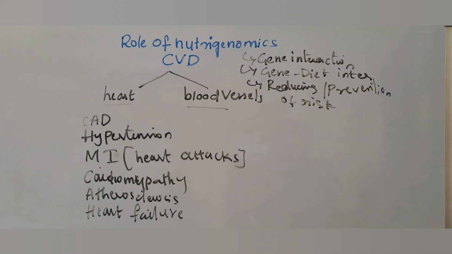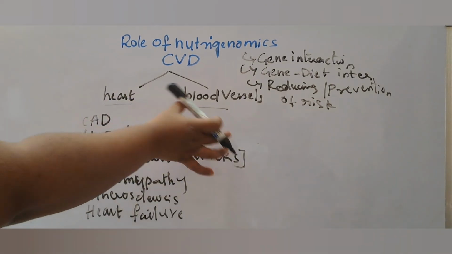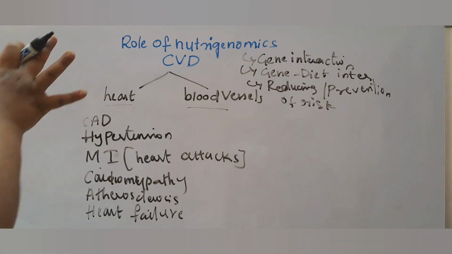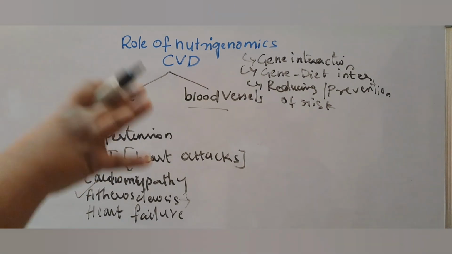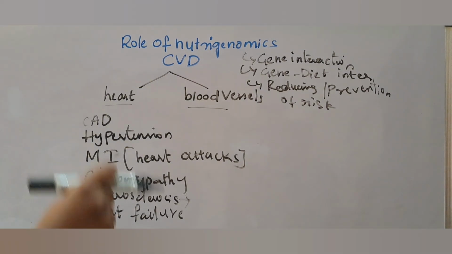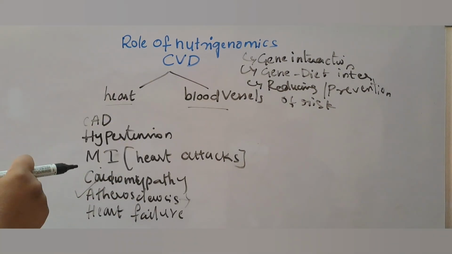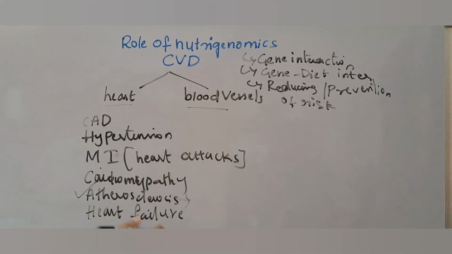So only these types of topics will be covered in all the metabolic disorders. Coming to CVD, we have a number of disorders that mainly affect both the heart and blood vessels, but in CVD we'll mostly cover the plaque. As you know, atherosclerosis is the formation of plaque, which narrows the arteries and blood vessels, hardening the arteries, right? So how is this plaque formed?